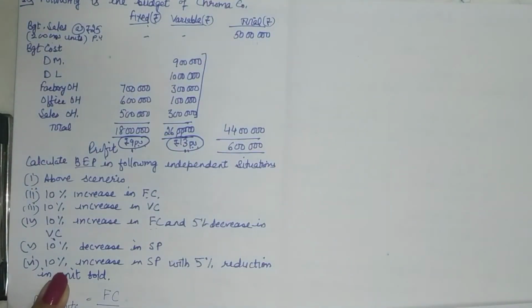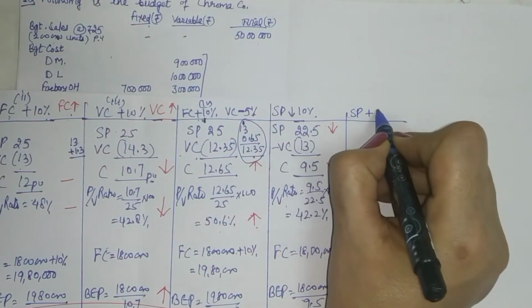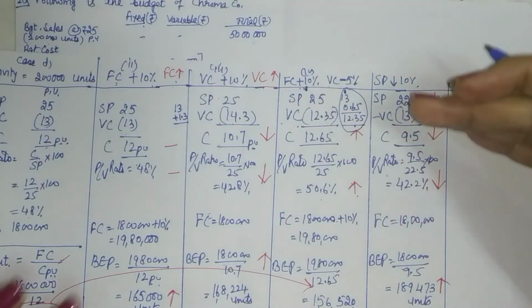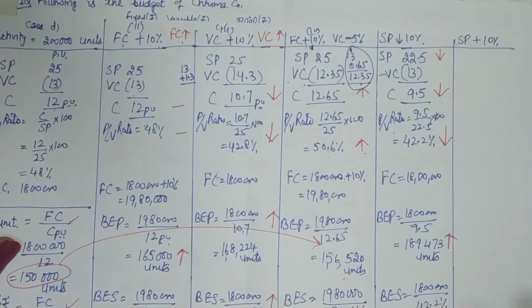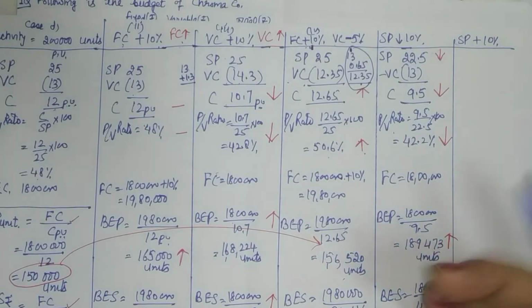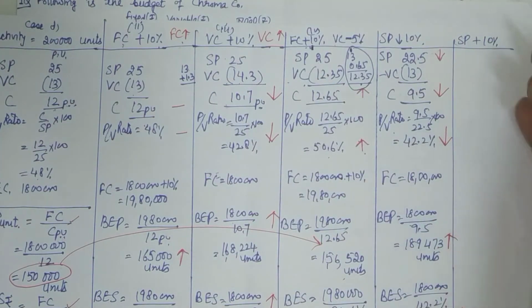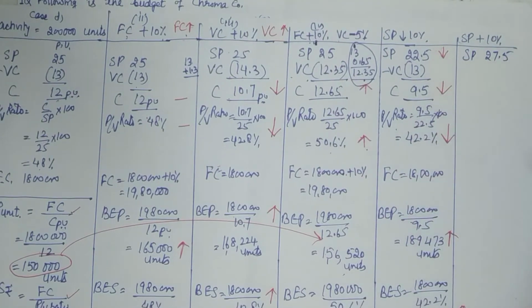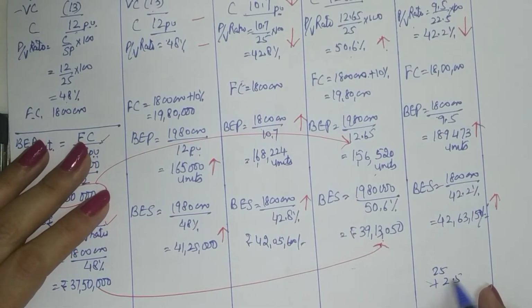Selling price increases with 5% reduction in units sold. So if selling price increases by 10% and quantity reduces, when we are making these calculations, we are not bothered with the actual quantity because we are just calculating break-even point, isn't it? We won't need it in our calculations. Now selling price is going to be 27.5, right? Because earlier it was 25, now increased 10%, so 27.5.